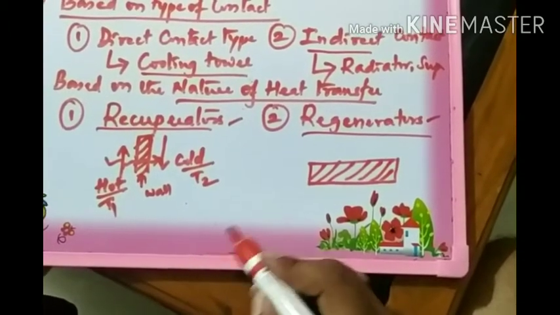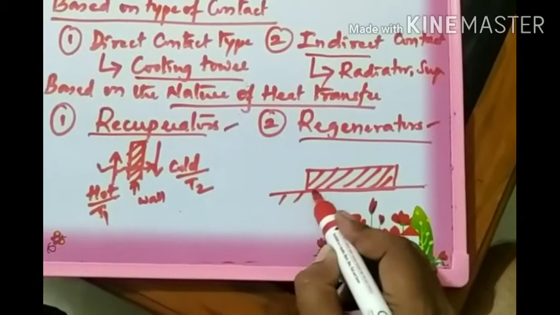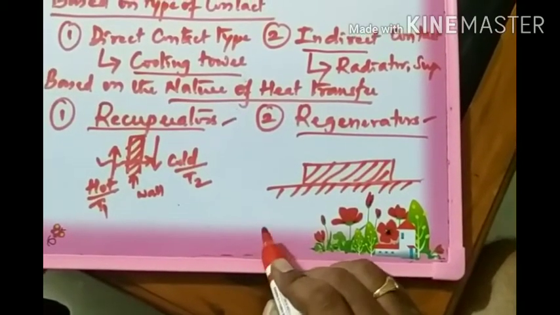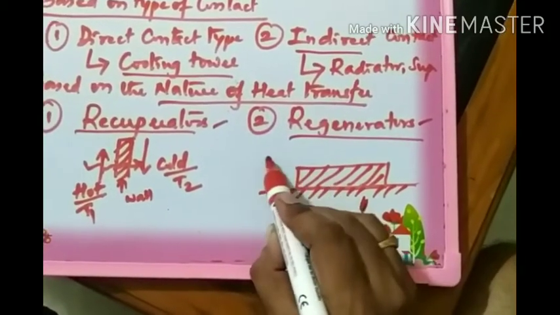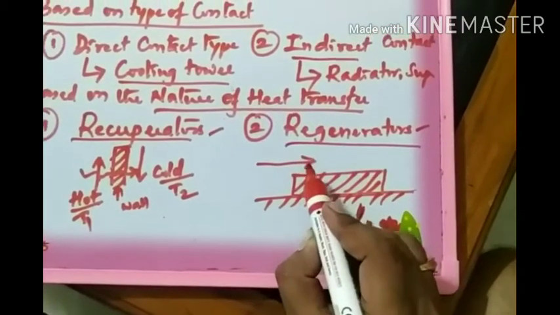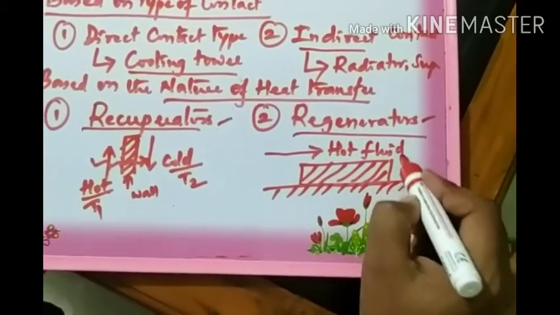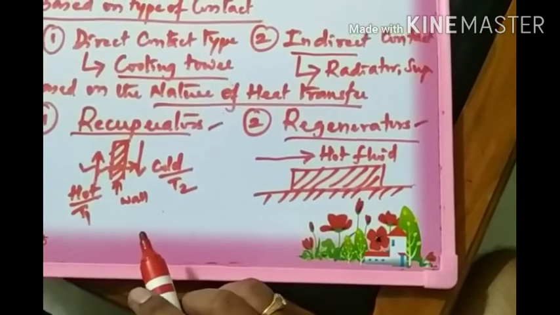What I do is, this surface I will insulate for this material, and over this top surface initially I will make the hot fluid flow. Please pay attention.